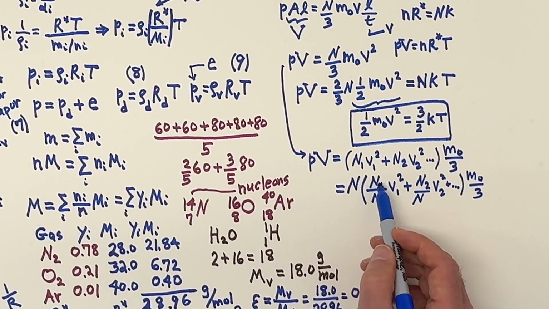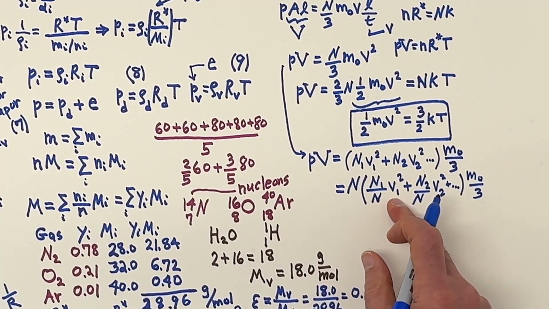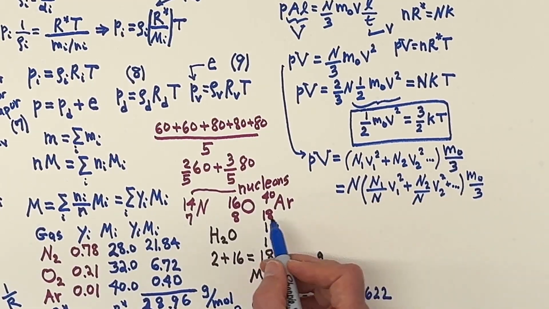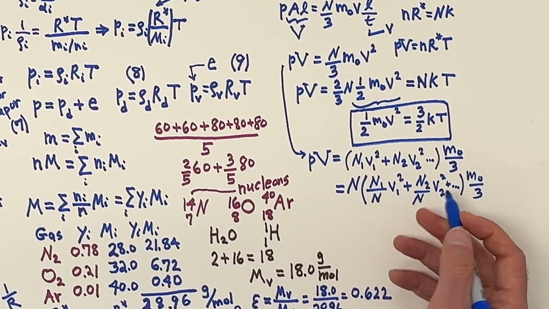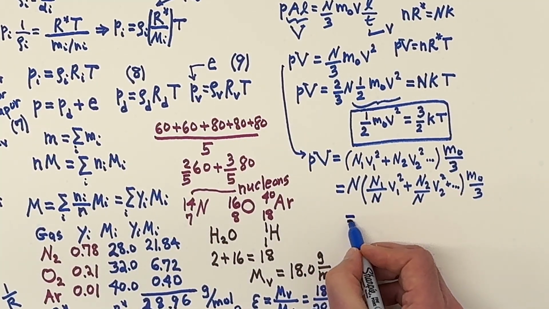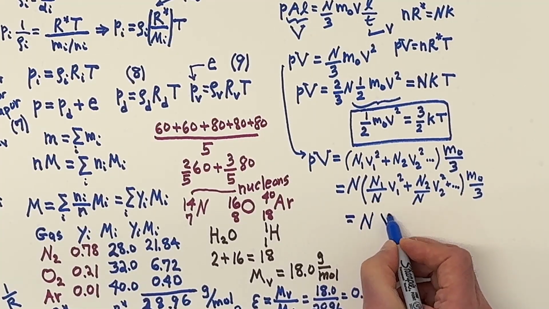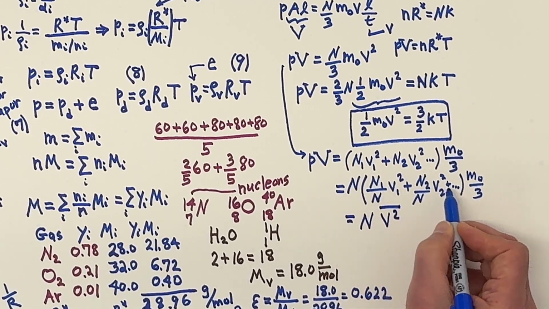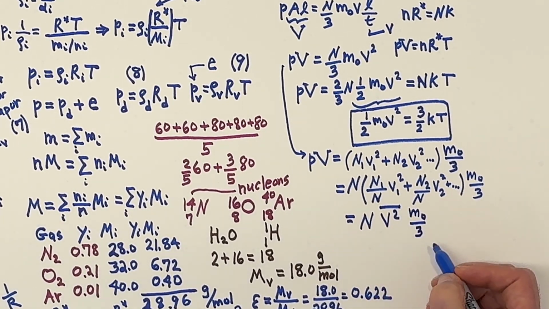This is the fractional number that are going at velocity 1 and the fractional number at velocity 2. It's just like taking the exam scores. So we're getting the average of this V squared. So this is going to be N times V squared average. That's what this is, like the exam scores. And then we'll have an M naught over 3 hanging around.